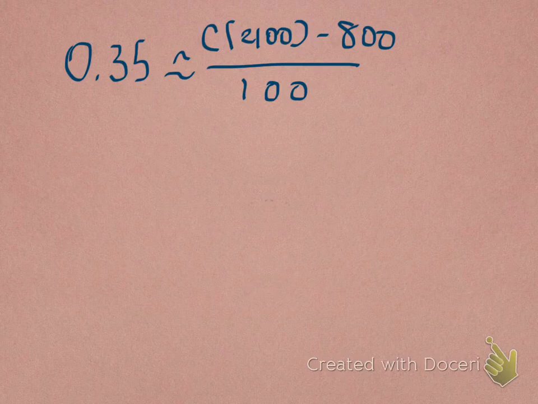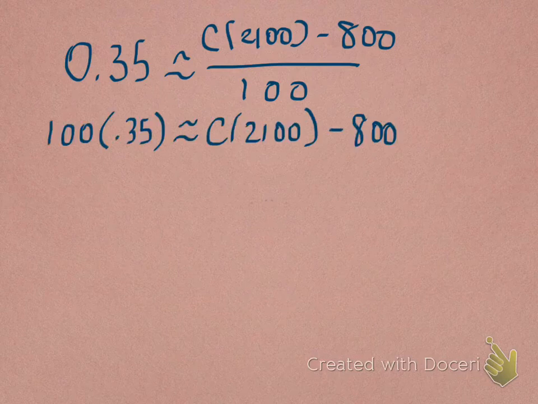So what do I know in this equation? I know the left-hand side is 0.35. I don't know what C of 2,100 is, so I'm going to leave that alone. I know C of 2,000 is 800, and 2,100 minus 2,000 is just 100. Now I can solve for C of 2,100. I get 100 times 0.35 is approximately equal to C of 2,100 minus 800.